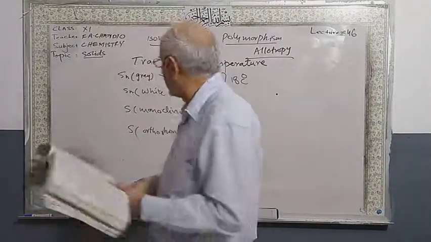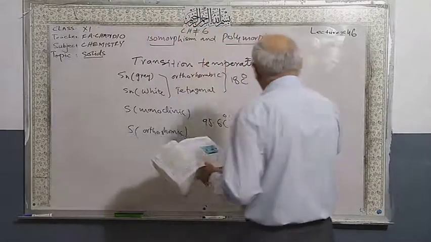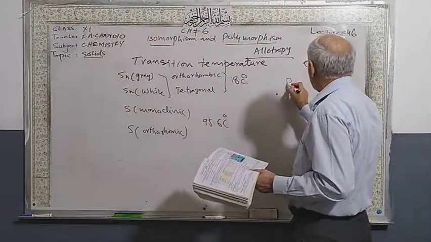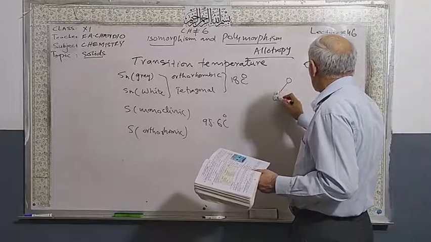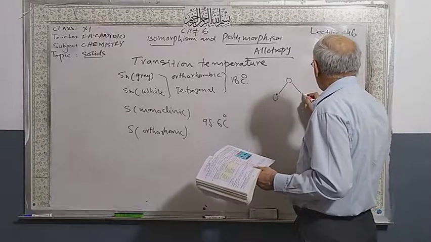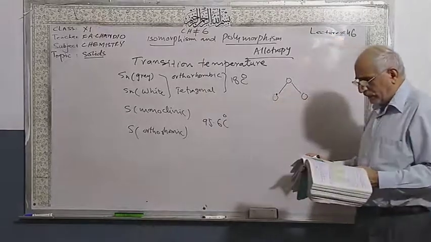Ozone has a structure like this one. This is the center oxygen. It has an angular shape, V shape.